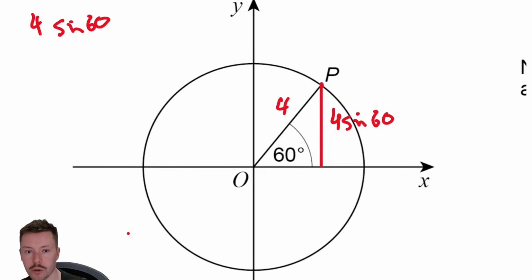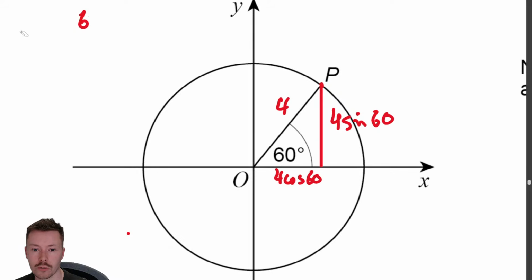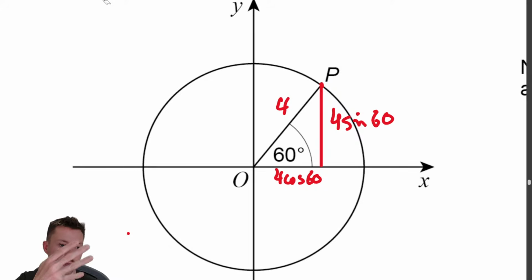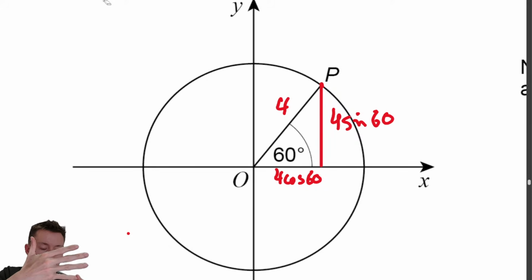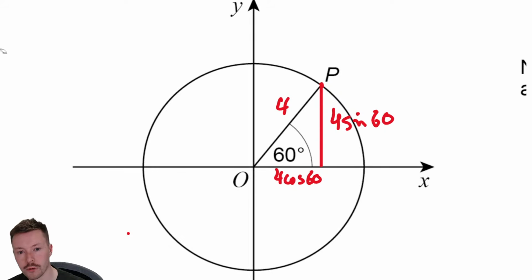And then this bit here is going to be cos, adjacent over hypotenuse, so 4 cos 60. Then cos 60, 0, 30, 45, 60, it's going to be √1 over 2. So it's a half.